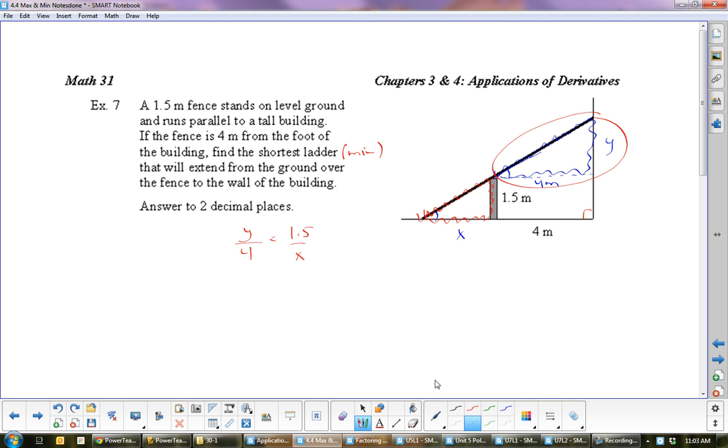Now, that's the other thing too, what do I want to keep the minimum? This big hypotenuse, right? So I want to minimize this hypotenuse, right? So which formula can I minimize on hypotenuse?